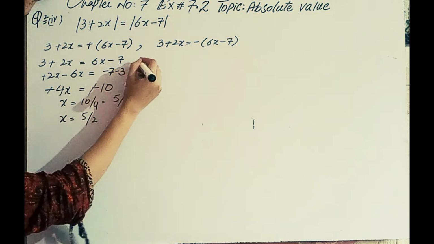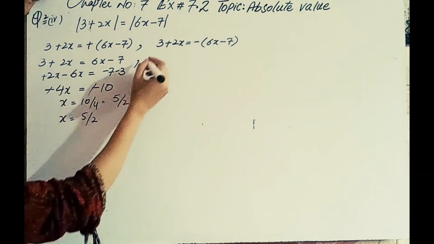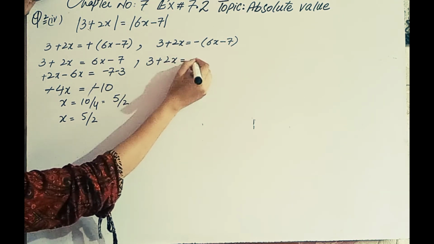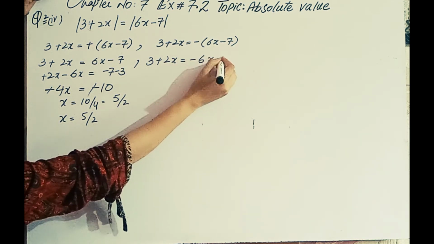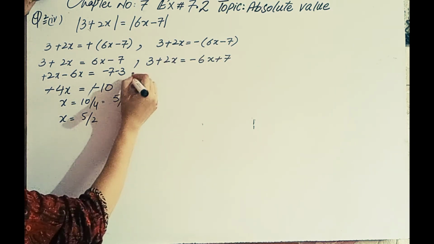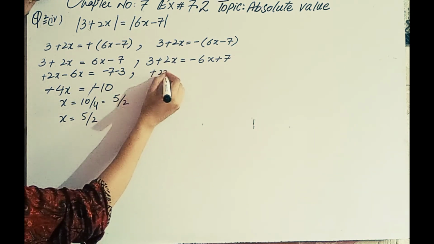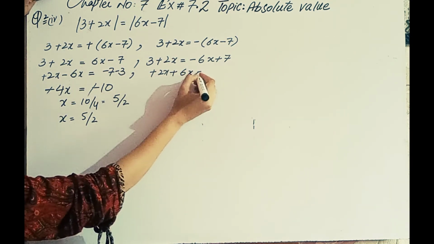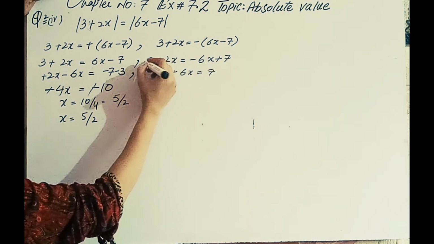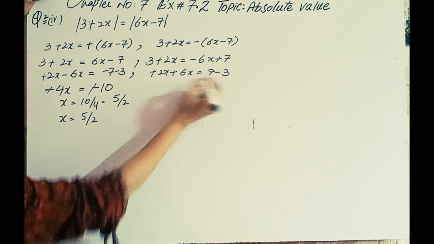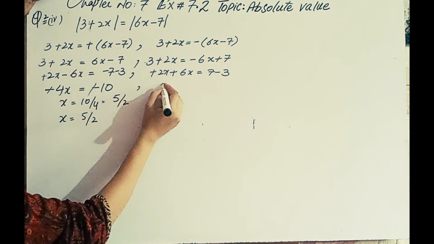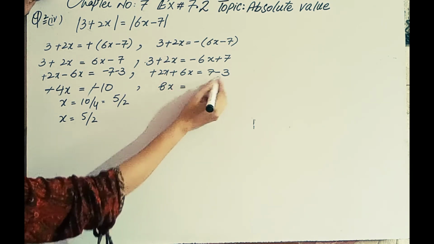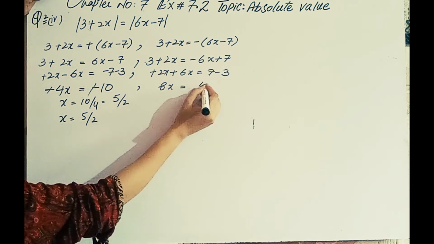Now I am going to solve its second equation. The second solution is here. That is 3 plus 2x equals minus (6x minus 7), which is minus 6x plus 7. Okay, the variable terms I will write on the left side. Minus 6x here will be plus 6x equals plus 7, and plus 3 on this side will be minus 3. 2 plus 6, that is 8, because plus plus will give us plus. 7 minus 3 will be 4.